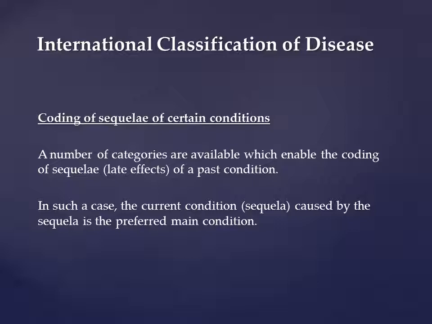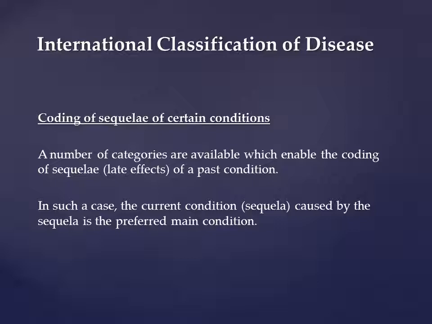Coding of sequelae of certain conditions is available for the sequelae of a past condition, usually known as the late effects. The past condition may not be the cause of care or treatment, or may not be present anymore. But if it is the cause of the present problem, the current condition or the sequela is the preferred main condition to be coded.